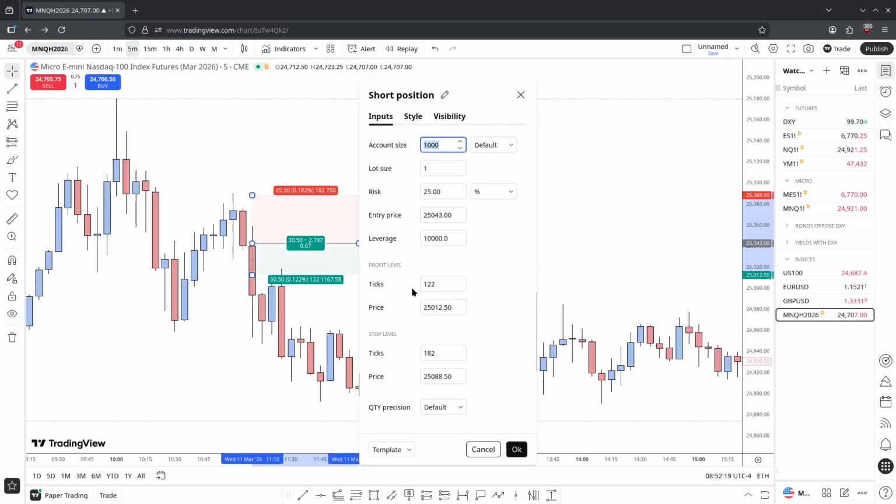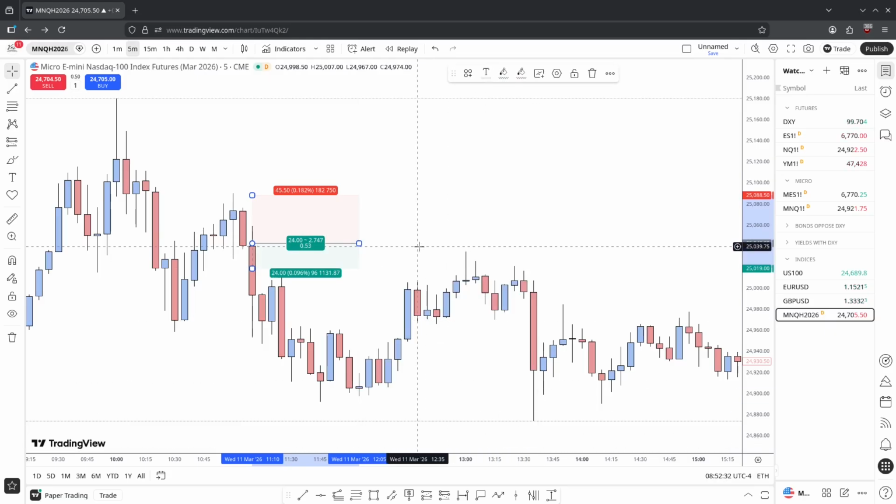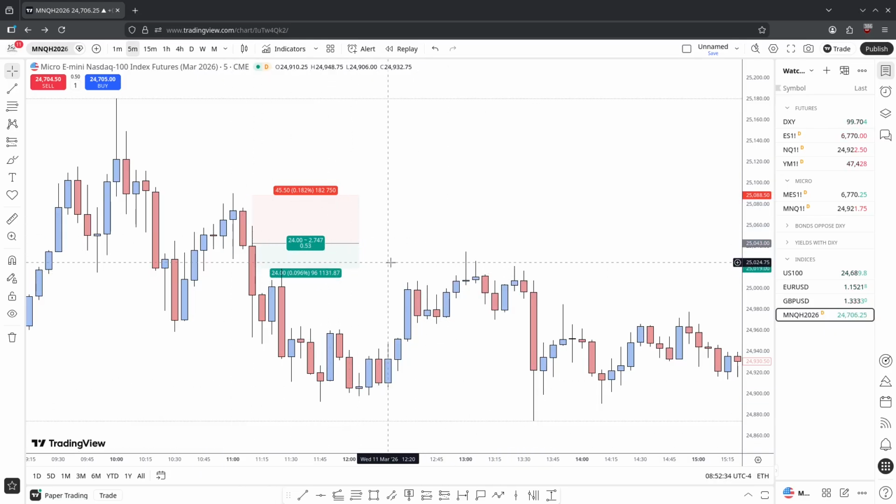Let's see, profit level 25,019. It'll be a little bit higher than this, 25,019 even. Okay, so it was roughly about there. Okay, so there you go. That was roughly about it, right there.